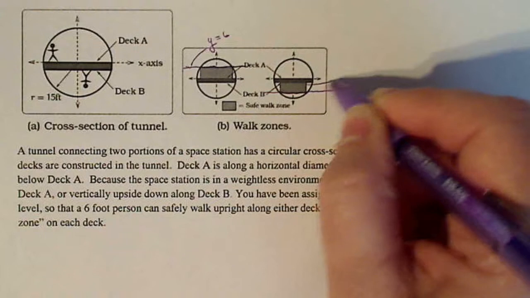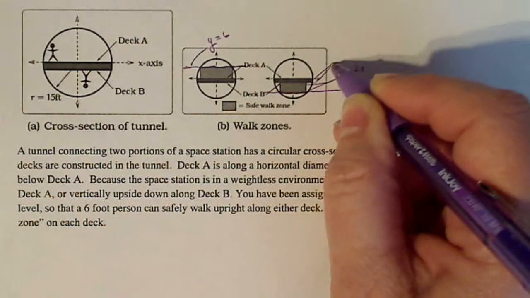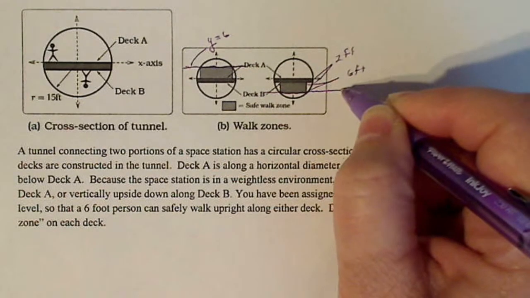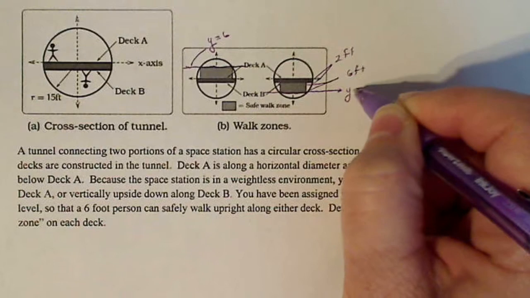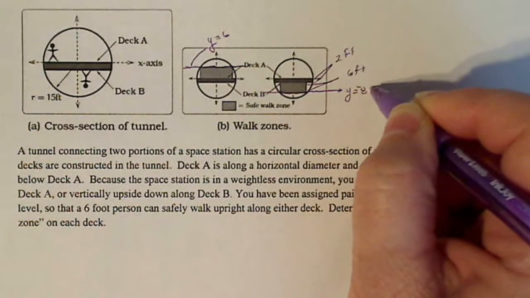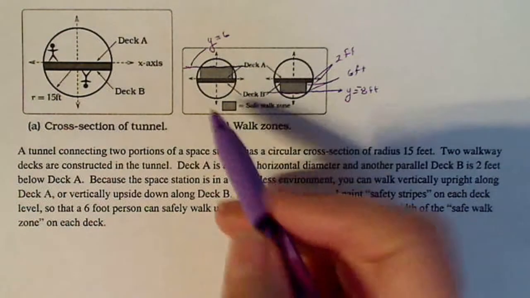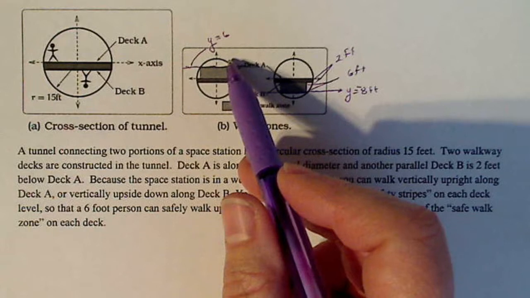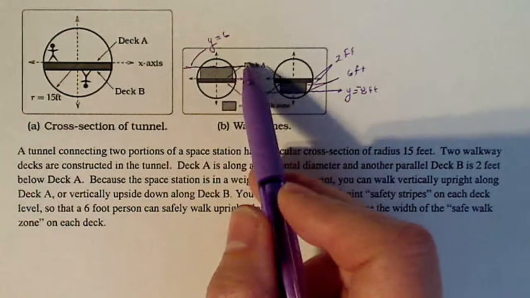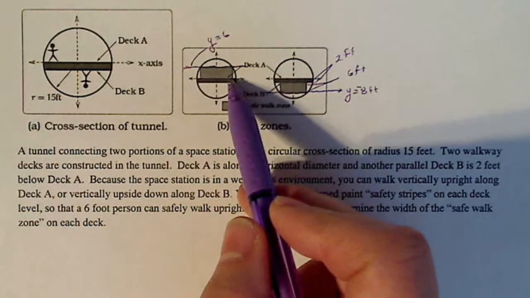This height here is 6 feet. This length here is 2 feet. So the equation of this line right here has to be y equals, not 8 feet, minus 8 feet, because it's below the horizontal axis. If you can find the equation of this circle, then you find the intersection between the circle and this horizontal line, and that'll be the distance x value from the origin where you'll tape or paint the lines.